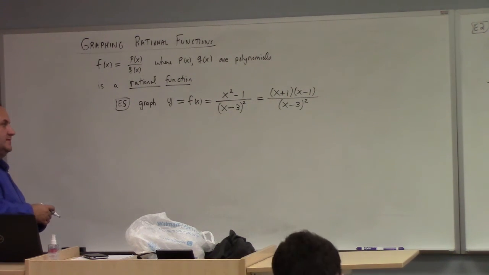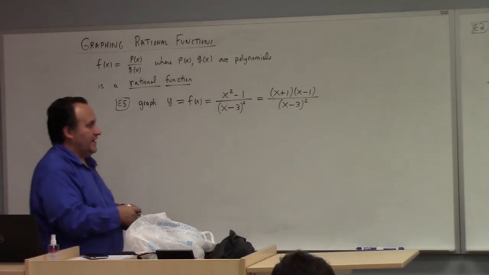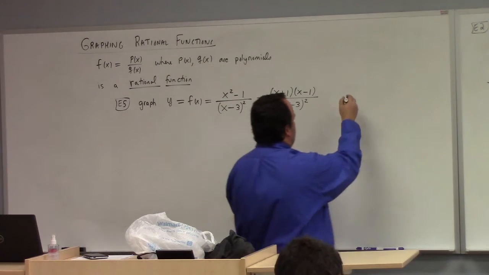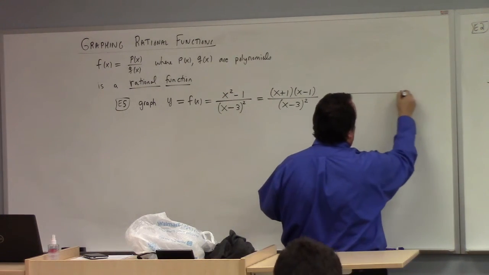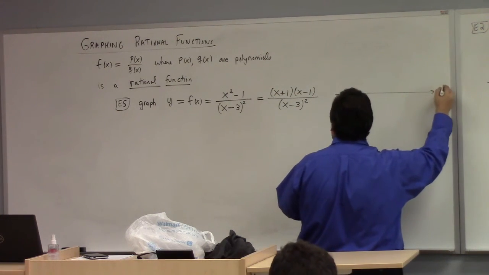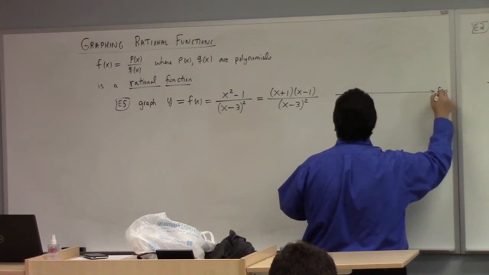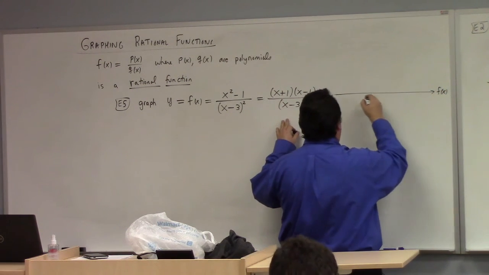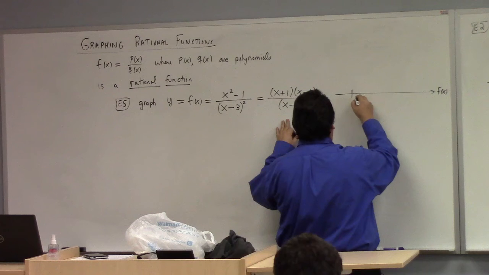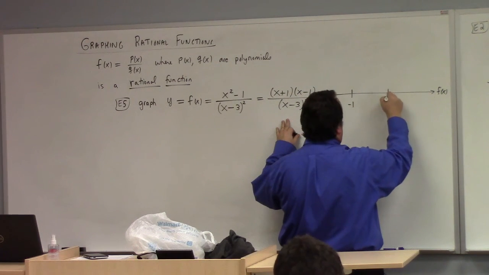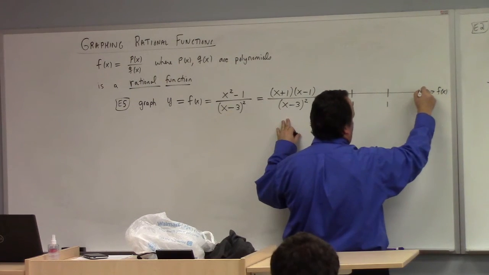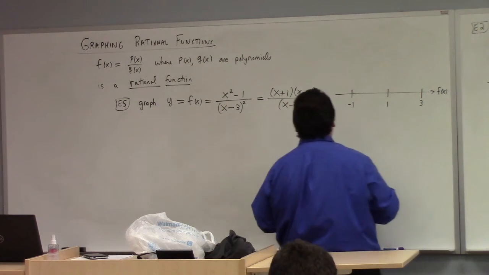All right, great. Now, I'll make the number line over here so you guys can follow it easier. So here's my f of x. I've got critical numbers at minus 1, at 1, and over here at 3.